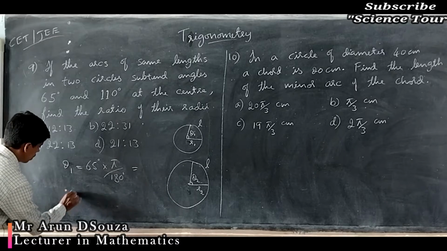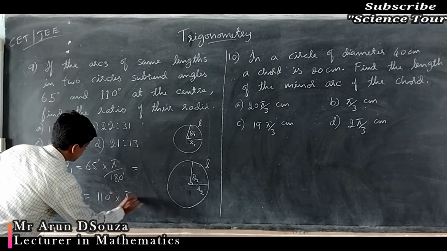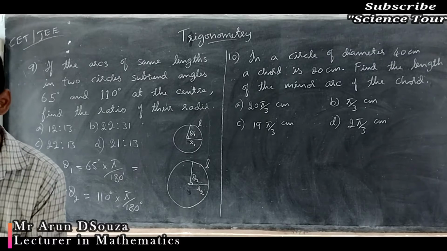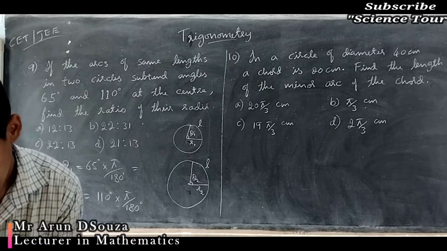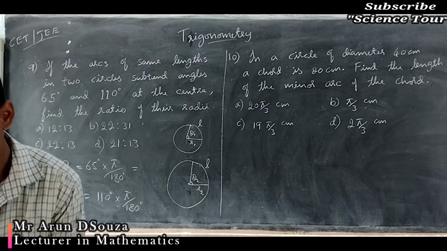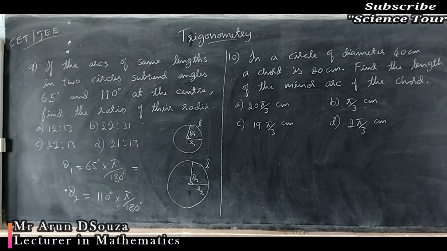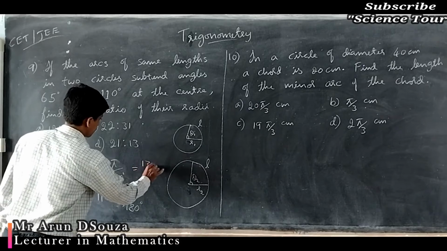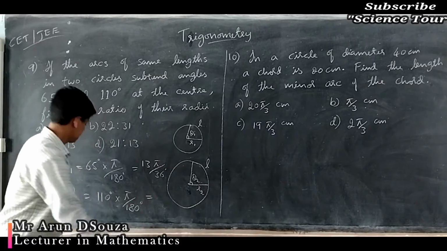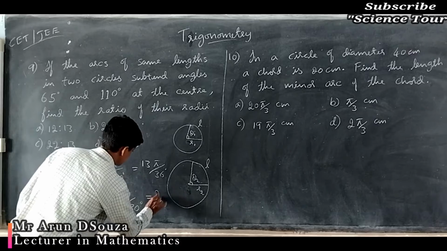Similarly, theta 2 is 110 degree, and once again convert that to radian. So theta 1 will be 13 pi by 36, and theta 2 will be 22 pi by 36.